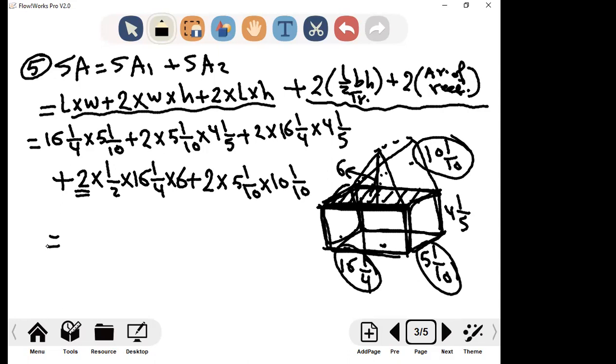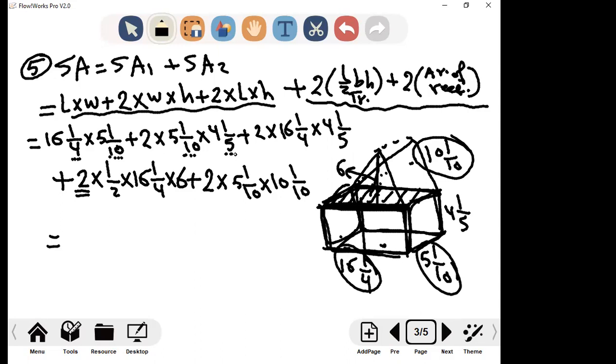Okay, let's multiply and add. Now, if you want to use the calculator, some calculators you can put mixed numbers in, right? Others, maybe not. If you don't have mixed numbers and you want to use the calculator, turn these parts to decimals. See these parts? Turn them to decimals.